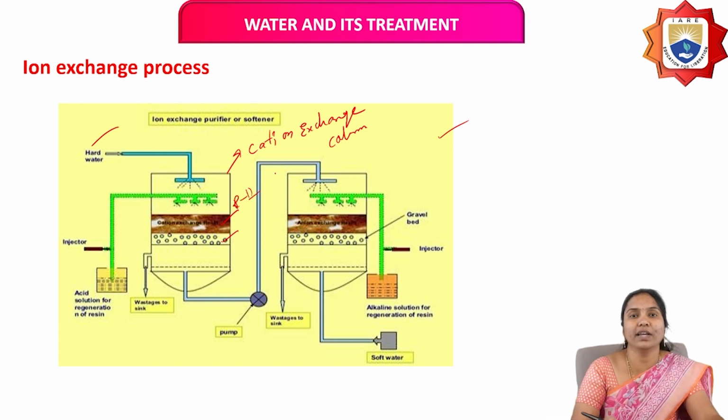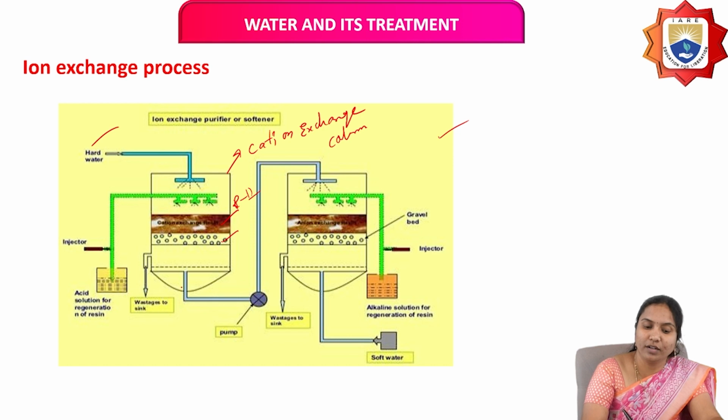So what is the functioning of cation exchange resin? It absorbs all the cations like calcium, magnesium, sodium, potassium, etc. which are present in water, and it gives its H plus ions into the water.